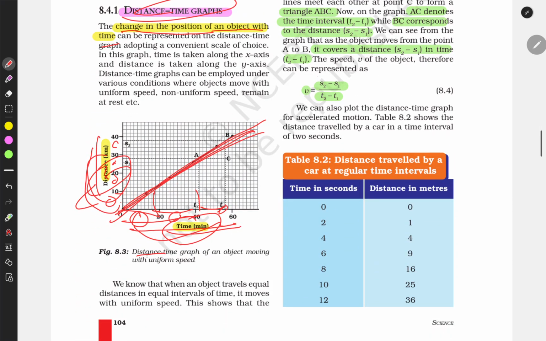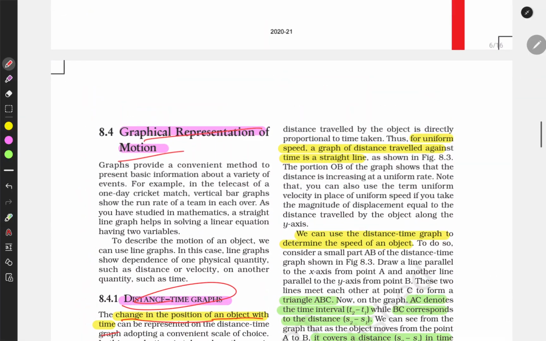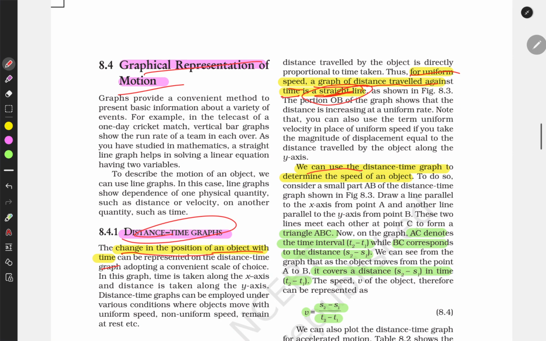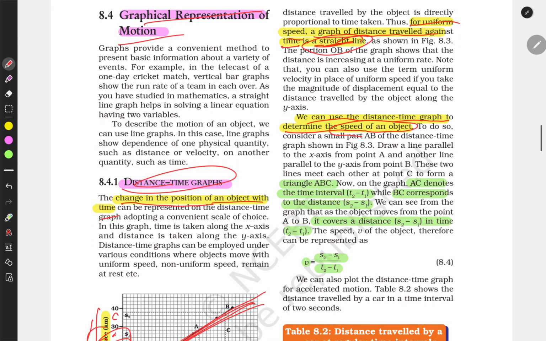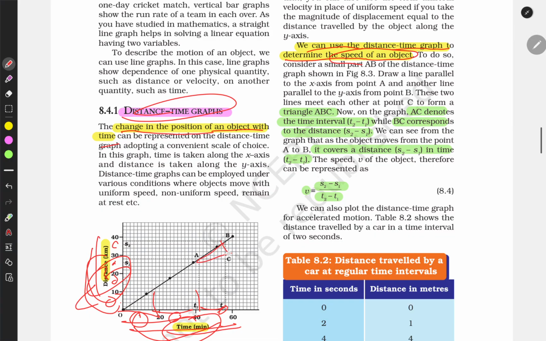The distance-time graph of an object with uniform speed: for a uniform speed, the graph of distance traveled against time is a straight line. We can use a distance-time graph to determine the speed of an object. Suppose this is a triangle.